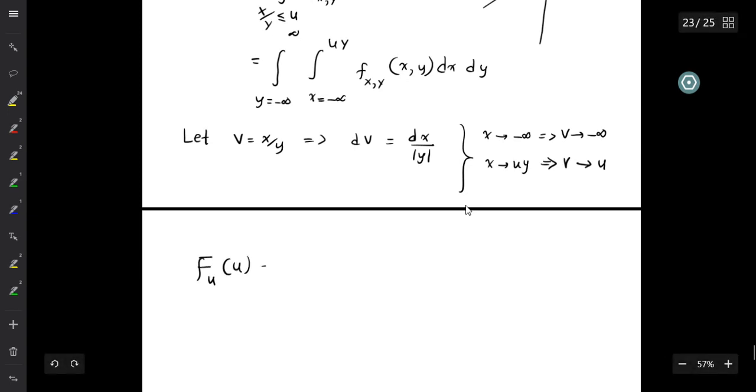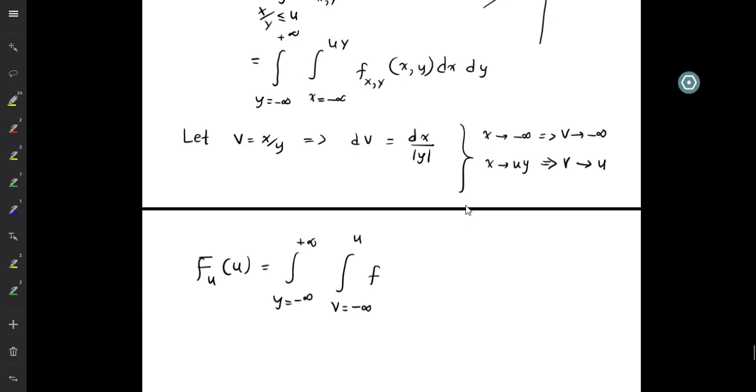Now we can replace these new limits, and our CDF will be y from negative infinity up to plus infinity, and our new variable v from negative infinity up to u. Now our x is what? If v equals x over y, our x is v times y.